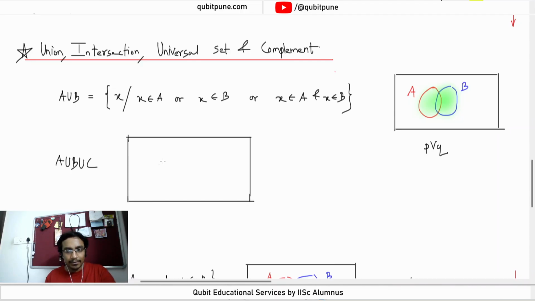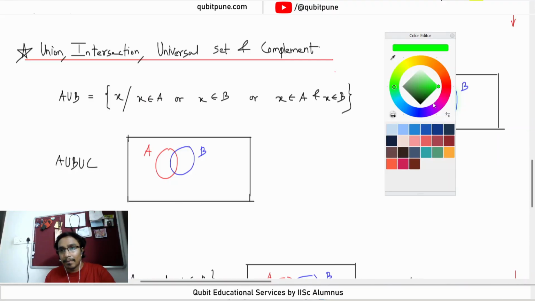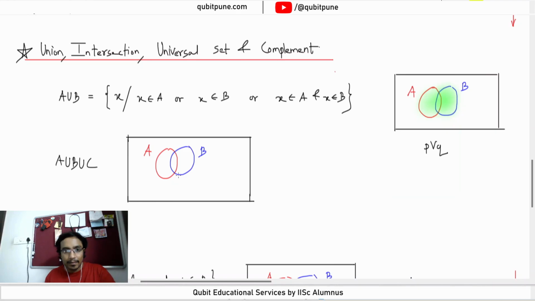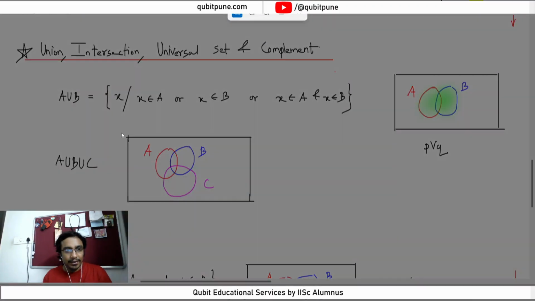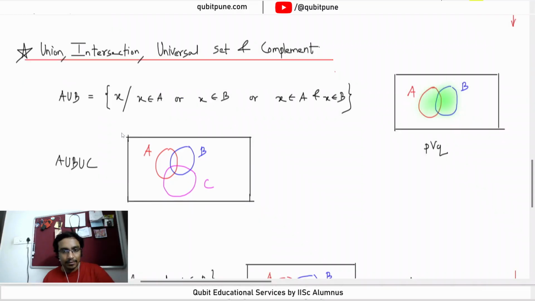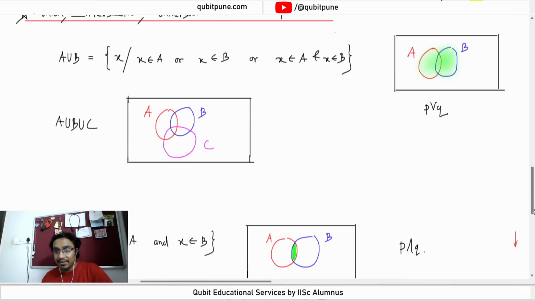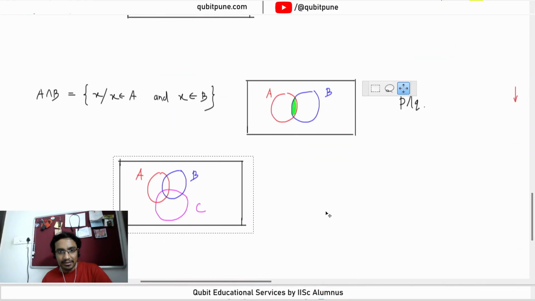So let's say this is A, this is B, and this is, suppose, C. I will also need this for my A intersection B intersection C, so let me paste it here.